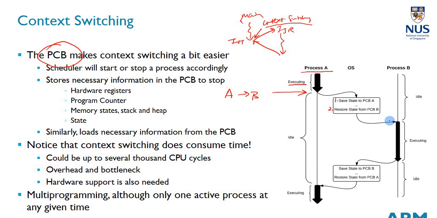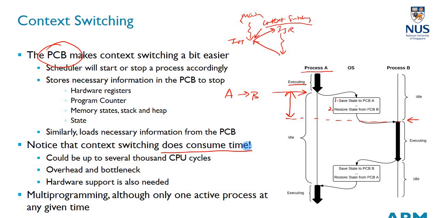Then I will be able to start running the code in process B. So as you can see, there is some slight delay. There is some time. This is basically the context switching time between one process and another process.